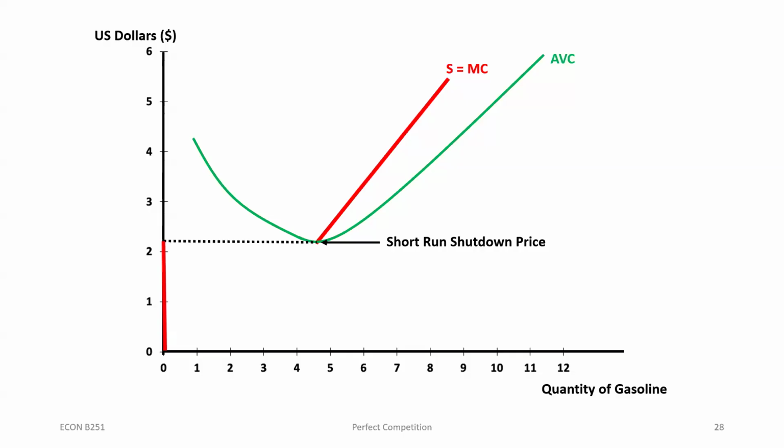So initially, when prices are increasing, the firm keeps producing nothing as long as that price is below that minimum point of the average variable cost curve. After that point, if the price goes up any higher, they start to supply more and more.